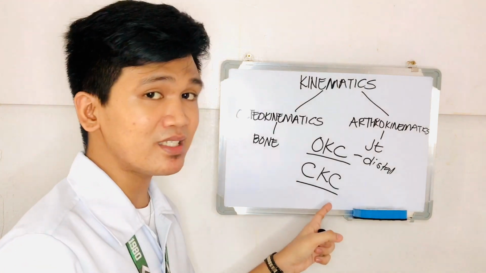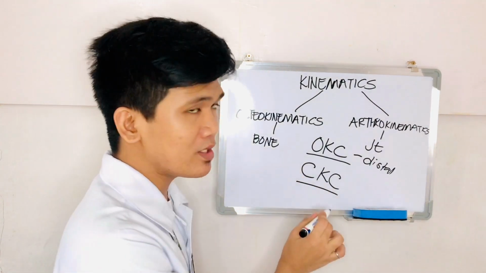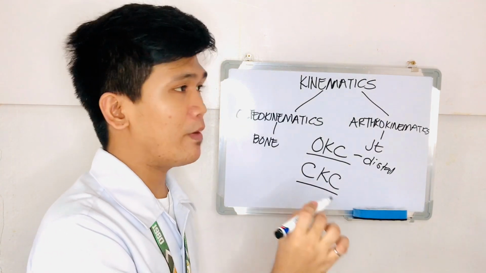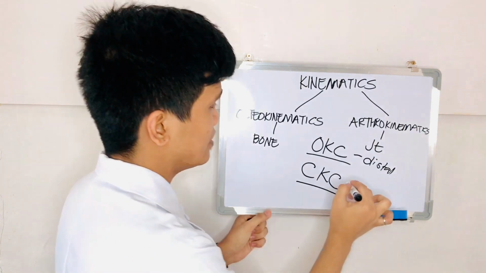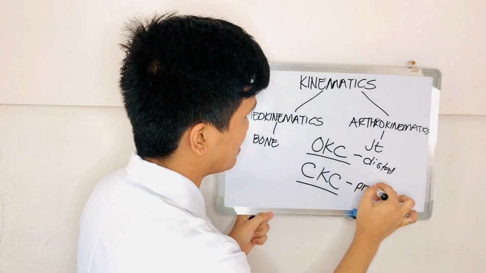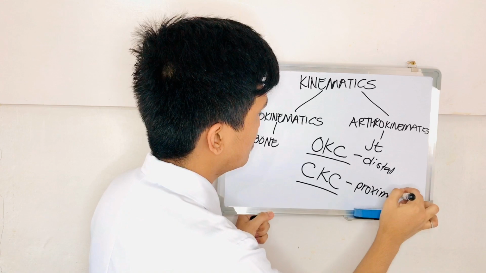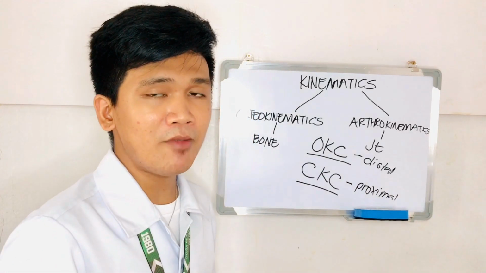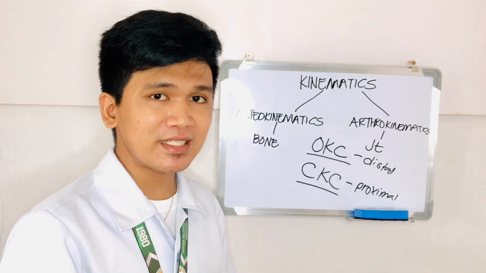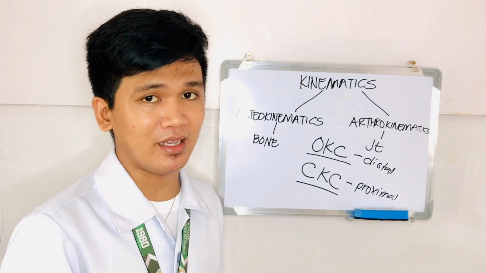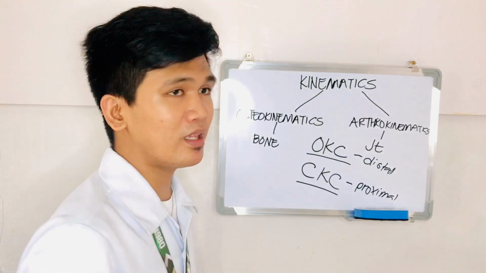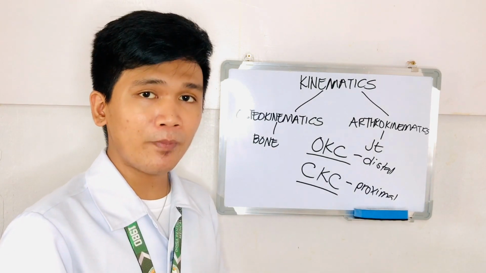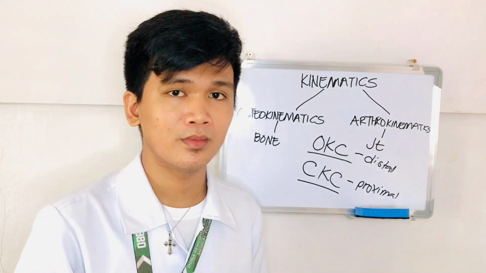While the CKC is when the proximal bone moves from a fixed distal bone. So to remember, it's more on proximal. For example, sa OKC or open kinematic chain, you are flexing your knee joint while sitting. While for the closed kinematic chain, you are standing up from a seated position.